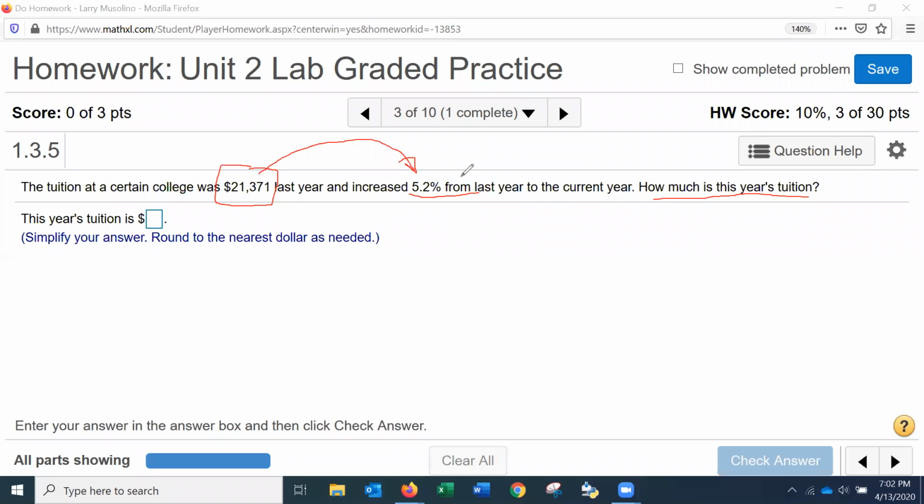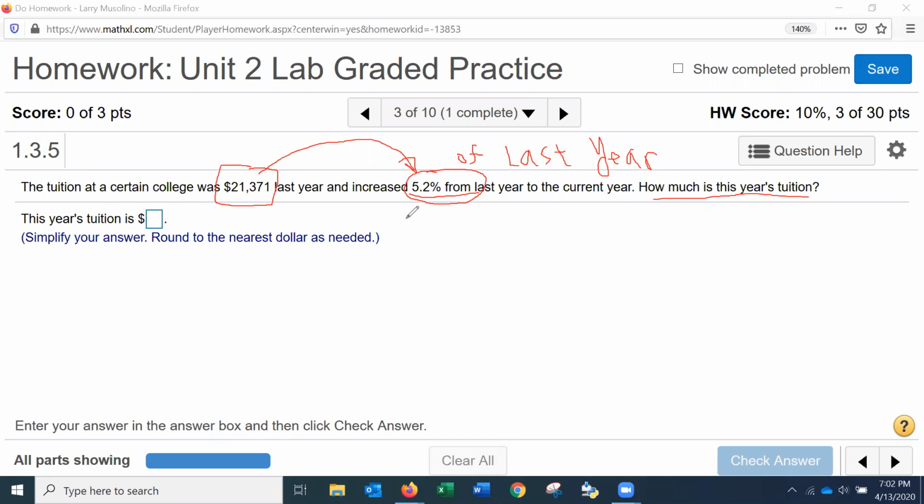Well, when they say the increase is 5.2%, it really means 5.2% of last year's tuition. So they didn't really say that in the problem, but that's really what's implied here. The tuition went up by an amount of 5.2% of last year's tuition.